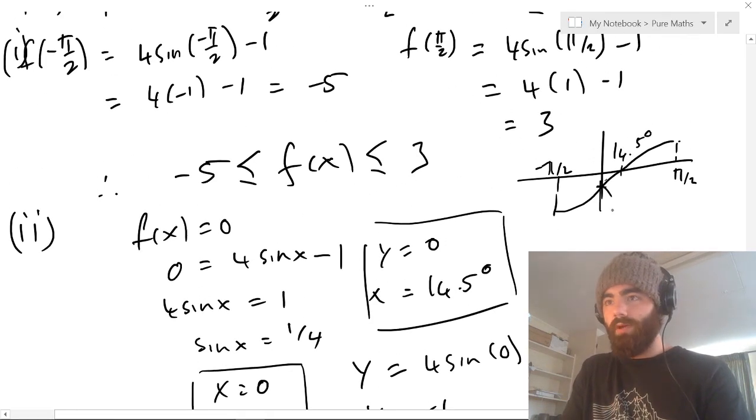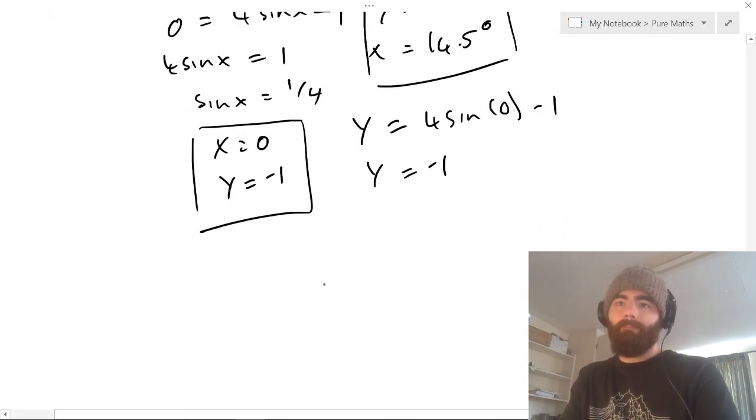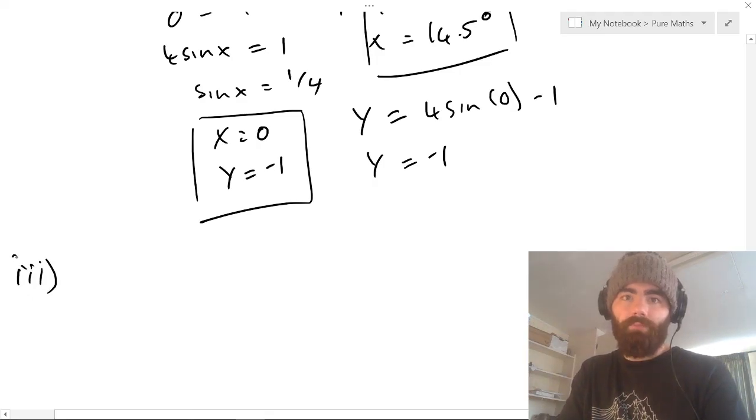So this is at the point (0, minus 1), and this is at the point 14.5 degrees, which in radians you can change it, 0.25 or so. That's part two.